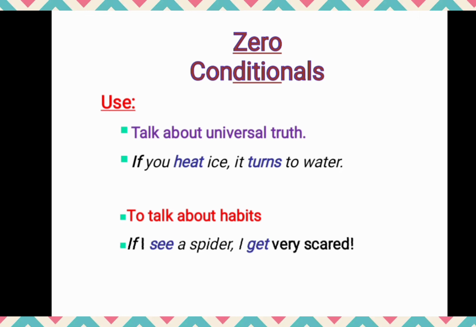So the first use is to talk about universal truth and the second is to talk about habits. That is the whole construction of zero conditional in English grammar. You can see categorically zero conditional sentences and their usages. Okay.